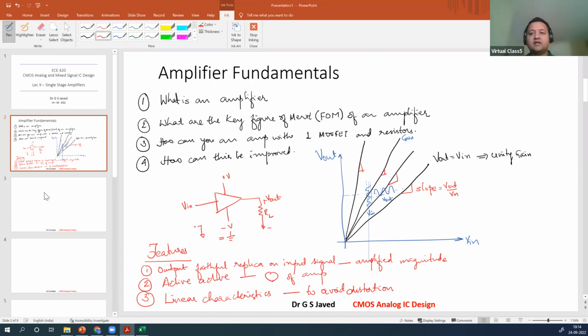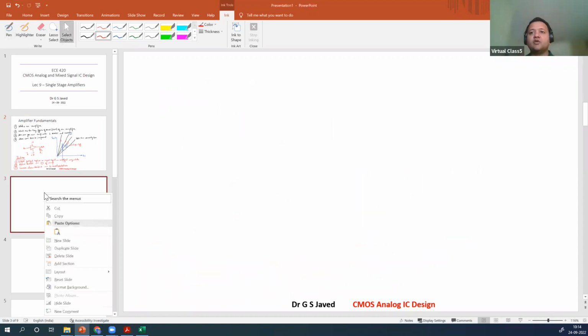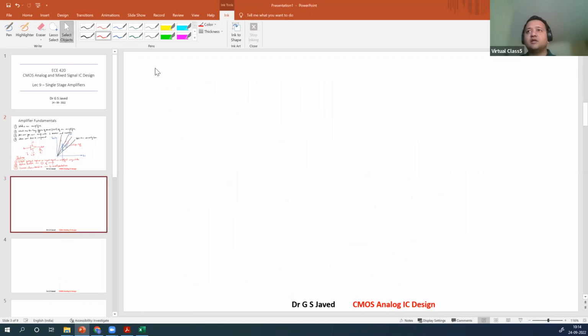Now, how do you represent a signal? A signal can be represented either with a voltage or a current. Now, using this, let us find out what are the various ways that you have working options in this one.